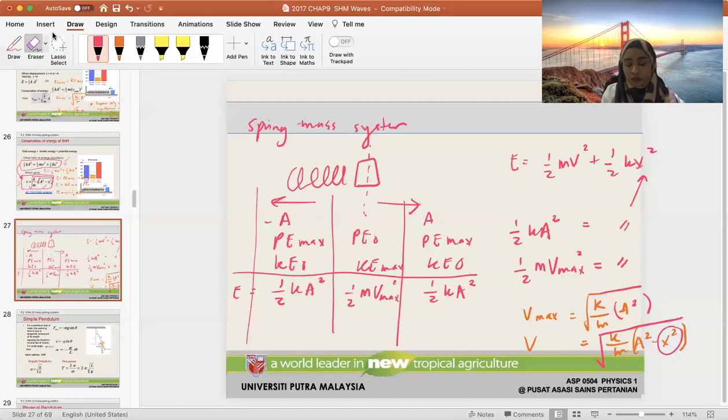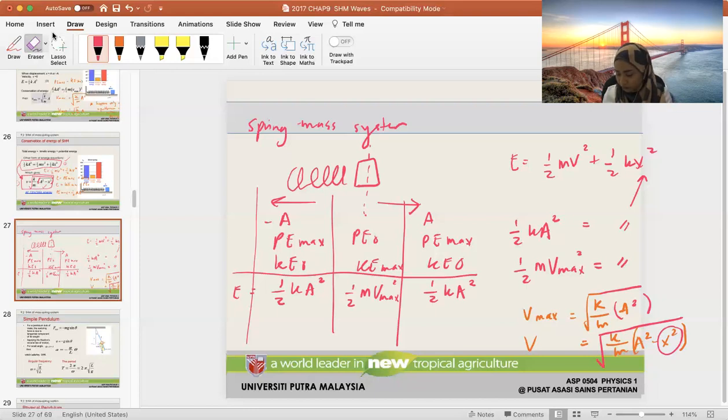Here, 1/2 kx squared plus 1/2 mv squared equals 1/2 kA squared. That means the initial situation is at some random point. You just take the picture. And then for the final situation, after the change in energy, we take it as the spring reaches the maximum displacement or reaches the amplitude.